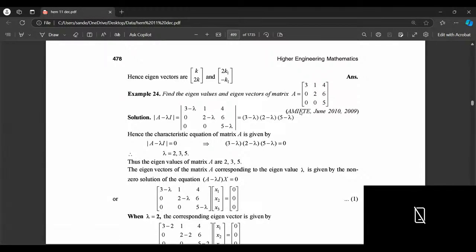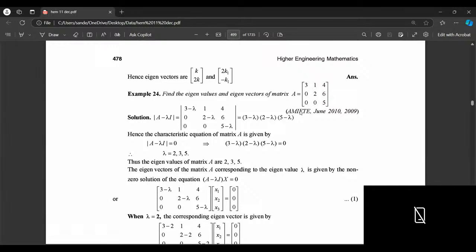Now we find eigenvectors of the matrix A corresponding to the eigenvalue lambda, given by the non-zero solution of the equation A minus lambda I into x equal to 0. For this we get a system of simultaneous linear equations.